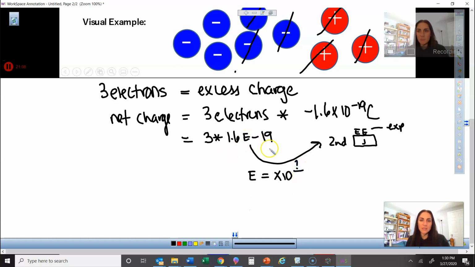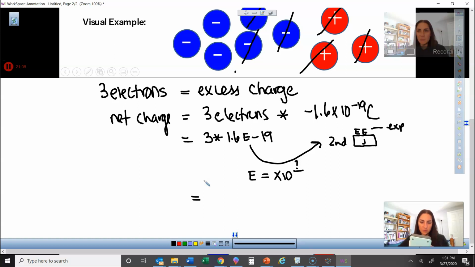So notice I use that instead of writing that because in the calculator, especially in my TI-84, this is bound to give me the correct answer and not follow the order of operations and all that fun stuff. If you do 1.9 times 10 raised to negative 19th, your answer is off by 1 factor. So let me just do it first the way I like to do it. 3 times 1.6 E to negative 19.